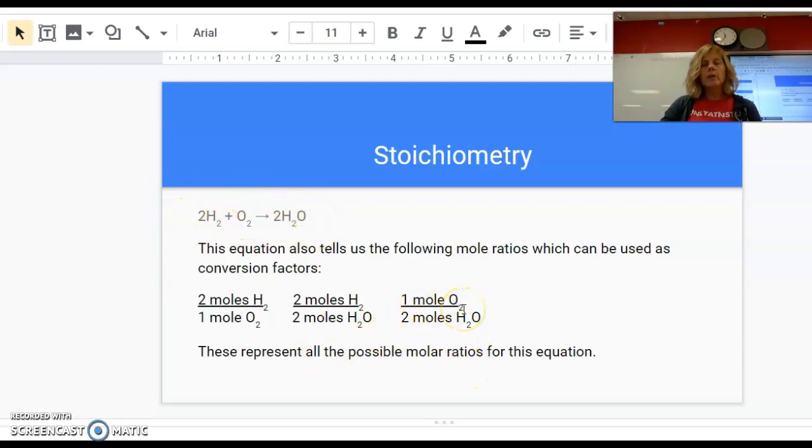And then the final conversion factor I can get from this balanced equation is 1 mole of oxygen will produce 2 moles of water. Of course, that means with sufficient hydrogen gas, which is not referred to in this conversion factor, but it doesn't need to be.